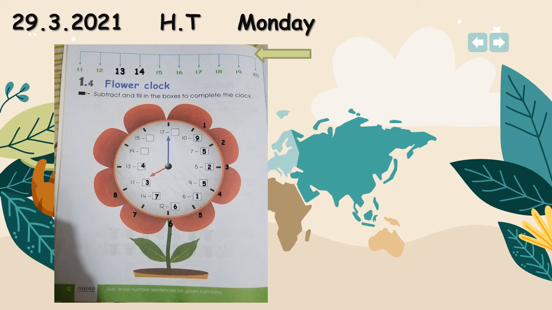So write number 4 in the box. 13 minus 4 is equal to 9. The next one is 19 minus, and we want number 10 now. 19 minus 9 is equal to 10. And the next one is 15 minus, now we want number 11 here. 15 minus 4 is equal to 11.